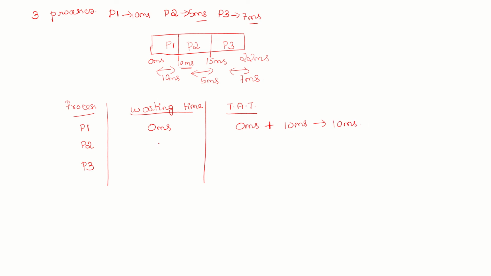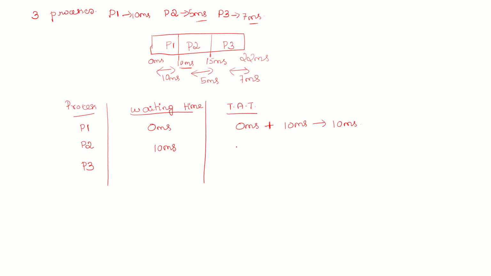Next, coming to P2. Here in this case, we can say that though P1, P2, P3 arrive together, P2 waits until P1 completes, isn't it? So here you can see P2 waits till 10 milliseconds before starting its execution. So waiting time for P2 is 10 milliseconds over here. Now, coming to the turnaround time.